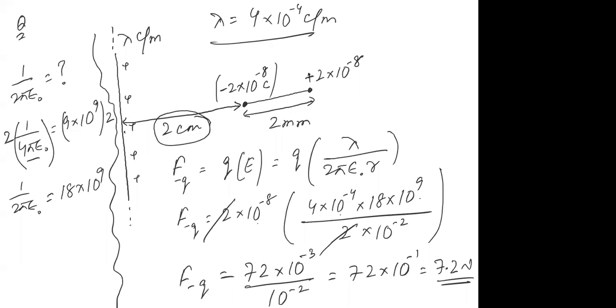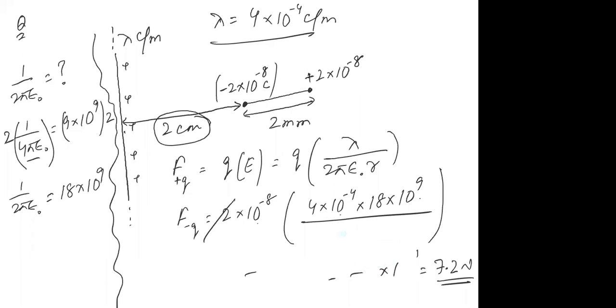Okay, the same way we should find the value of force on the positive charge. The only difference will be of this distance, right? So how will you write the distance? I'm erasing this part now, and here there will be a difference, and we will write this difference as 2 centimeter, so 2 into 10 to the power minus 2.